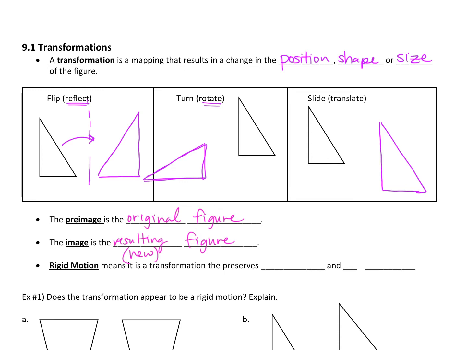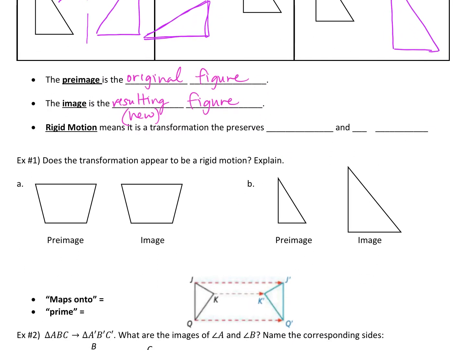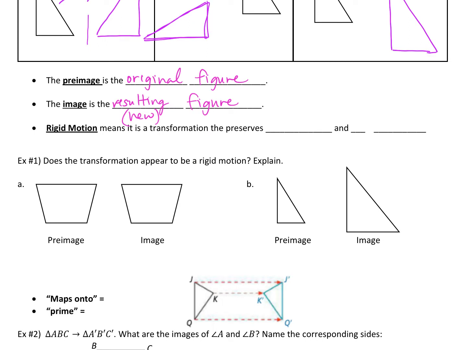Okay, and then the last thing, and we don't do a ton with this, but we will address it from time to time, it's called a rigid motion. A rigid motion just means that a transformation preserves distance and angle measure.